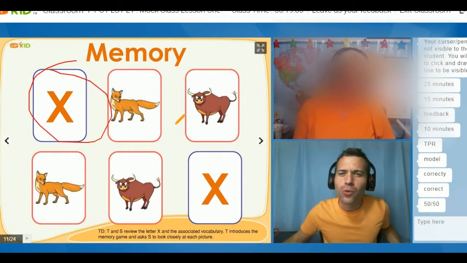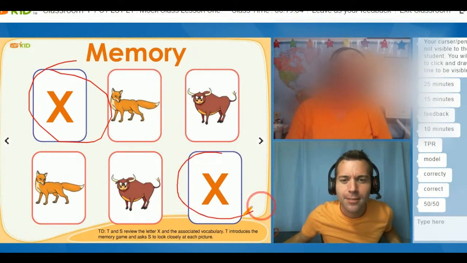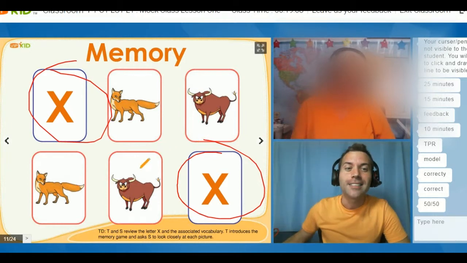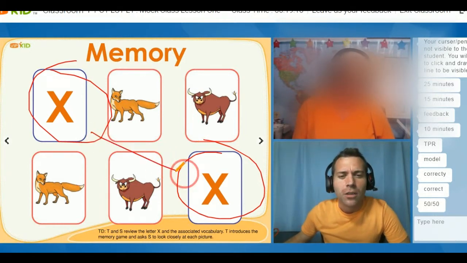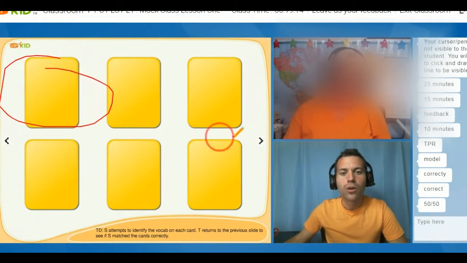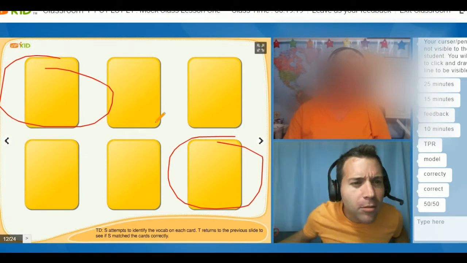What do you see? X. Yes, I see X. What do you see?